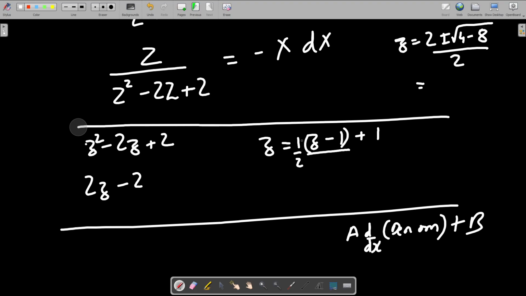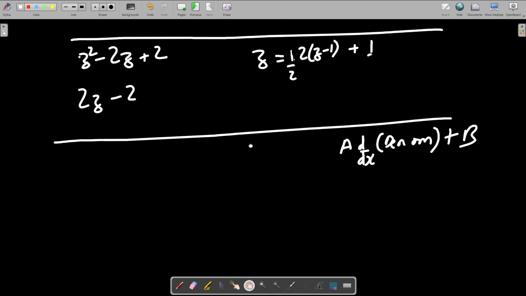So what I'll do here, I'll adjust this with 2, and here I'll multiply 2 on top, so 2z minus 1. Now it will become the derivative of the denominator, and this half will be just a constant over there, and this will come with that term over there. Let us see if we can do this one. I feel we'll get stuck on it.